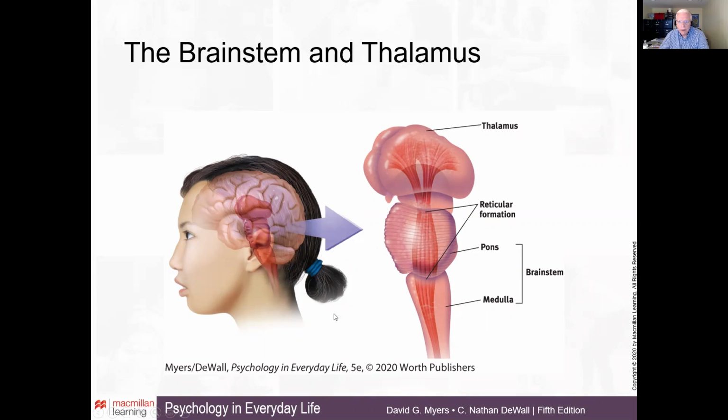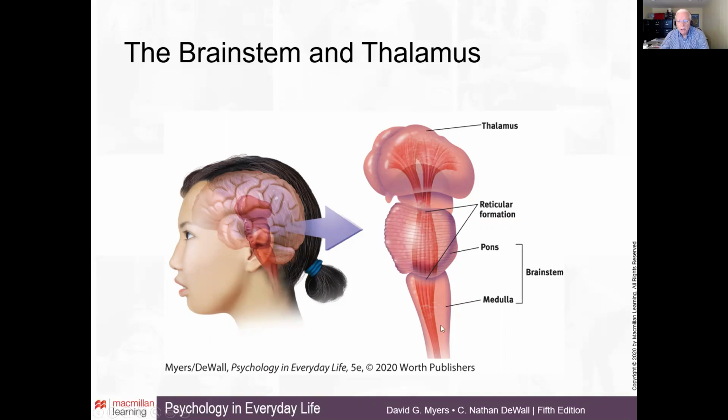So at the base of our brain, as you can see in this picture, we have the medulla, the pons, which make up the brainstem, the reticular formation, and then the thalamus. And you can see them here relative to other structures of the brain.